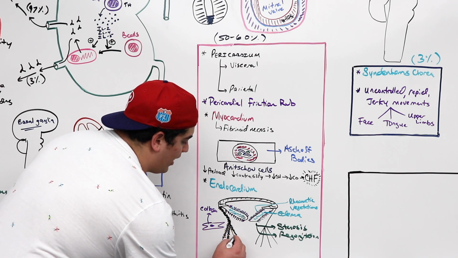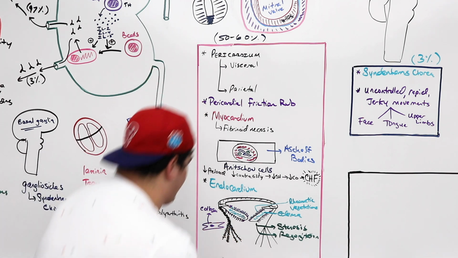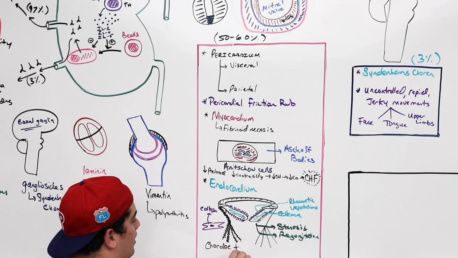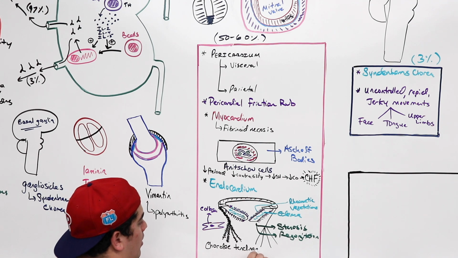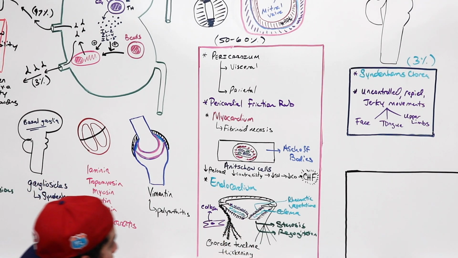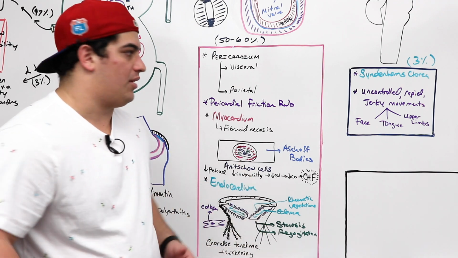So over time, this can lead to chordae tendineae thickening. So let's write that down there. The chordae tendineae thickening. And again, this is just going to add on to the mitral valve issues, particularly with the stenosis or regurgitation, okay?